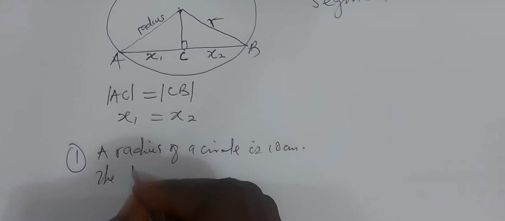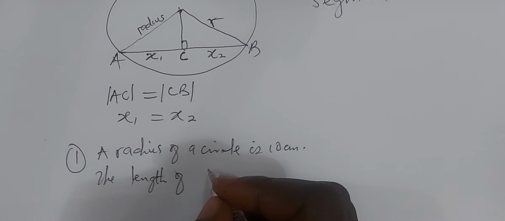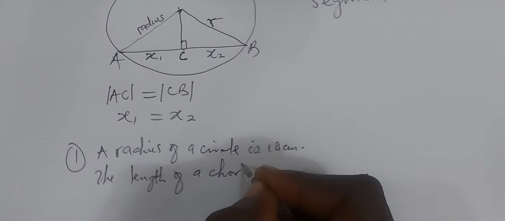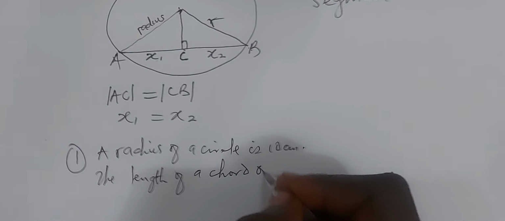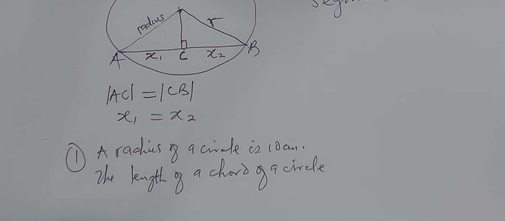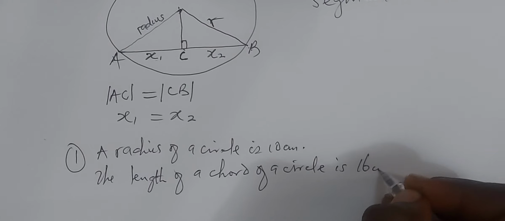The length of a chord of a circle is 16 centimeter.